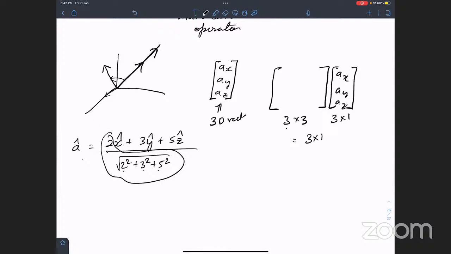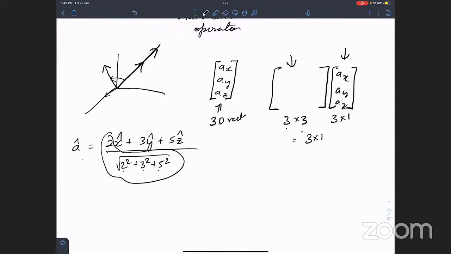So anytime I take a three-dimensional vector multiplied by a 3 by 3 matrix, I end up with another vector. So rotations and transformations of vectors must be matrix multiplication.